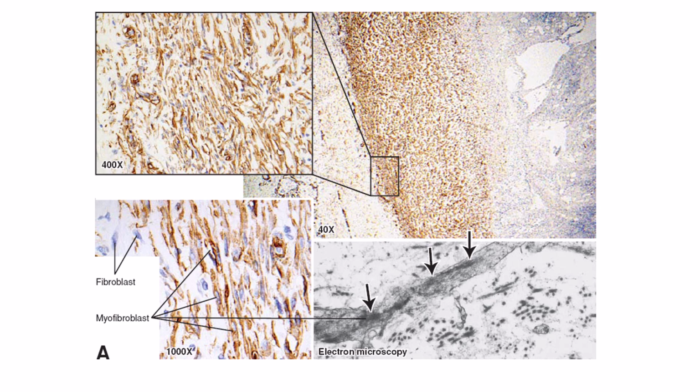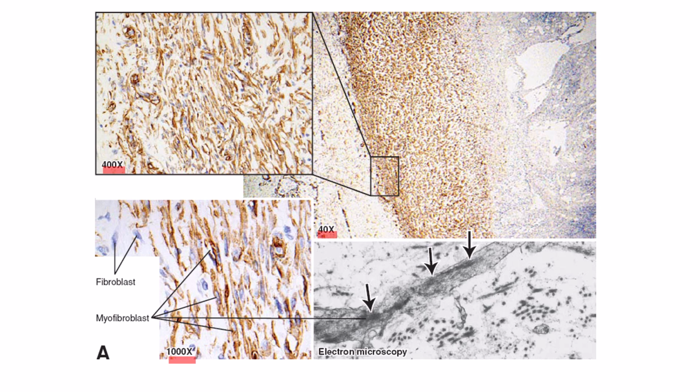This set of images displays a series of histologic and electron microscopy images of fibroblasts and myofibroblasts within a tissue sample, and these are stained. The immunohistochemistry stain that is used in this is smooth muscle actin or SMA, which highlights myofibroblasts. Three magnifications, 400, 40 and 1000x, are used to highlight the architecture as well as the individual cell.